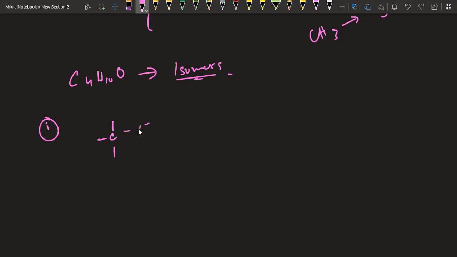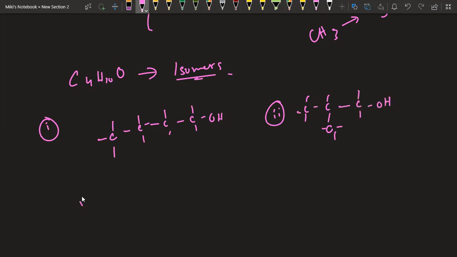So this is CH3, CH2, CH2, CH2, OH. This is our C4H10O. We have 10 total hydrogens here, 1 oxygen and 4 carbons.